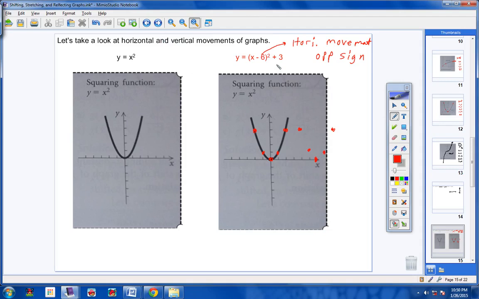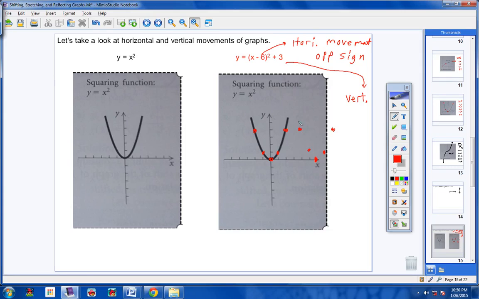Look, here's a number being added or subtracted to the entire function at the end, not directly to the x. Do you see that? Right here, plus 3. That is a vertical movement or a vertical shift. And you do move it just the way the sign says. You don't move it the opposite way. So it's positive 3. So now these points are going to all move up 3 places.